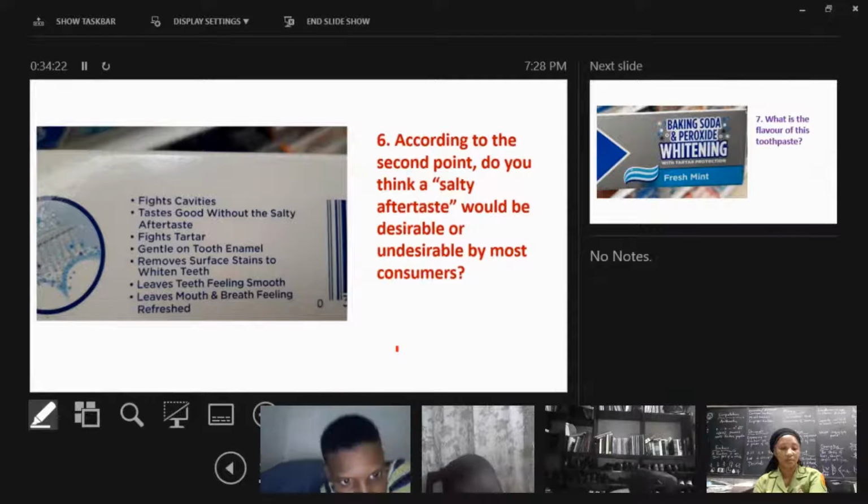Okay, miss. Fights cavities, tastes good without the salty aftertaste. Fights tartar, gentle on tooth enamel, removes surface stains to whiten teeth, leaves teeth feeling smooth, and leaves mouth and breath feeling refreshed.